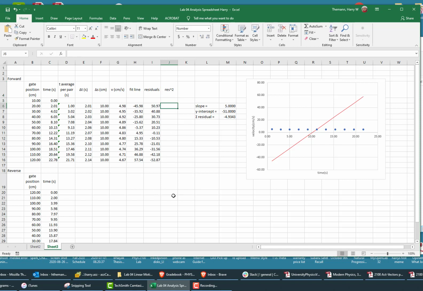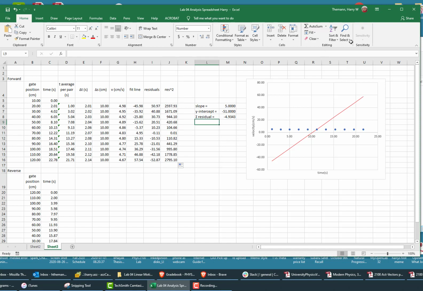So now we say equals this guy squared, and then we fill it in. And then notice it's 0 in the middle. That makes sense.